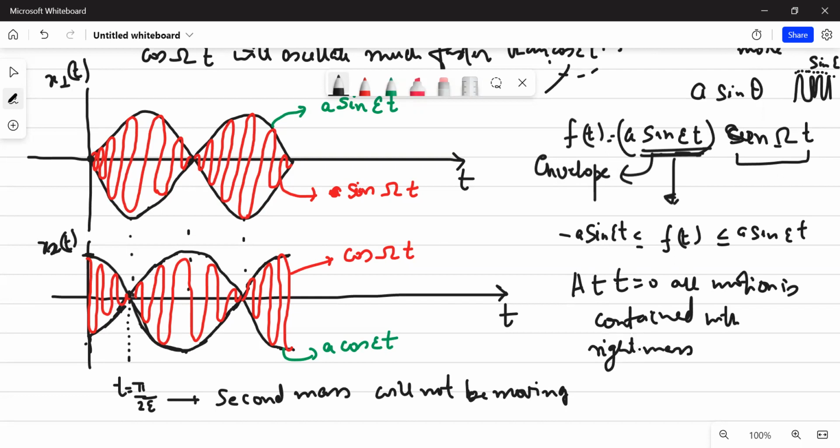And slowly you can see that at t equals to pi by 2 epsilon, the second mass is not moving at all, but the first mass is having all the motion. It is at the maximum displacement. Is that clear? And then at further time, t equals to pi by 2 epsilon, your second mass will contain all the motion. However, your first mass is coming to rest. Is that clear?